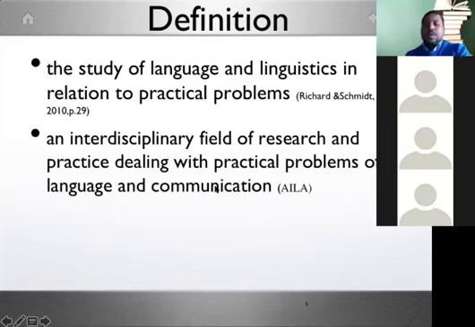As you know, communication can be achieved through a number of means, not just through language, but through other non-language means like non-verbal communication, like gestures, etc. So any situation which involves a problem of communication is an area where applied linguistics can intervene.